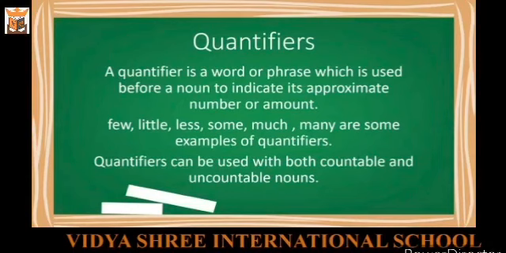Few, a few, little, a little, less, some, much, many are some examples of quantifiers. Quantifiers can be used with both countable and uncountable nouns. Let us now see some examples.